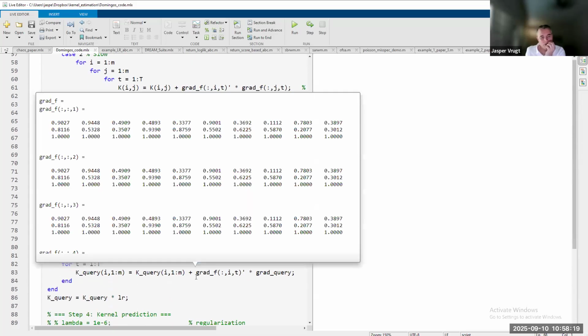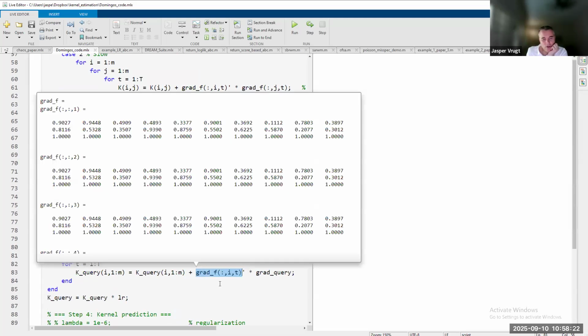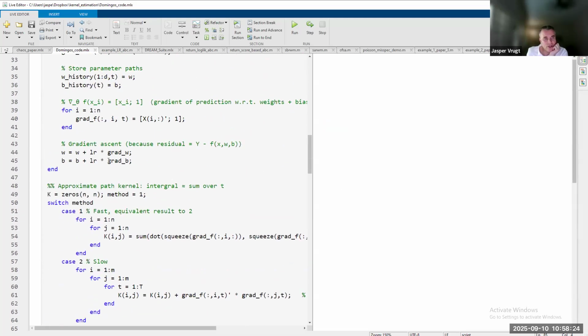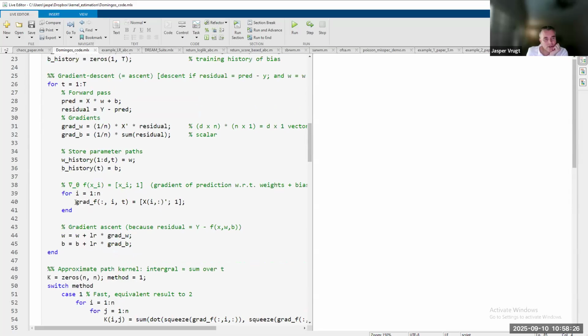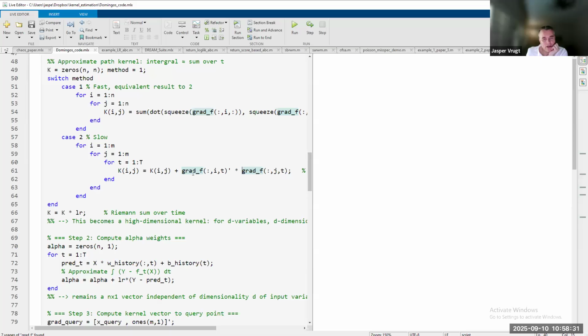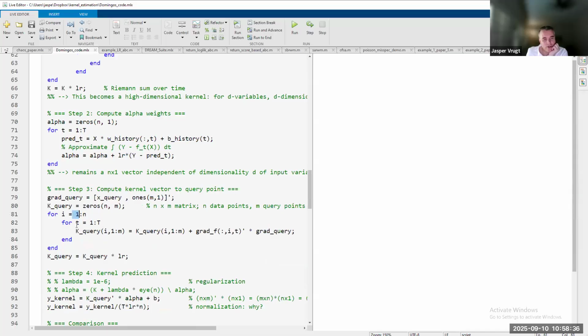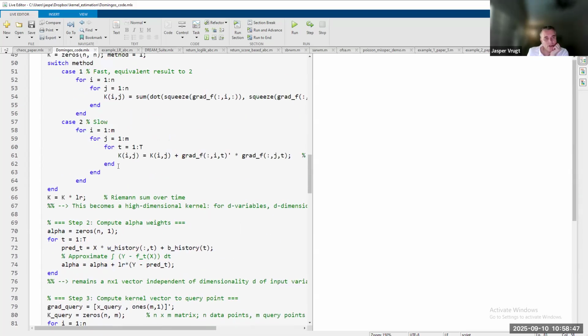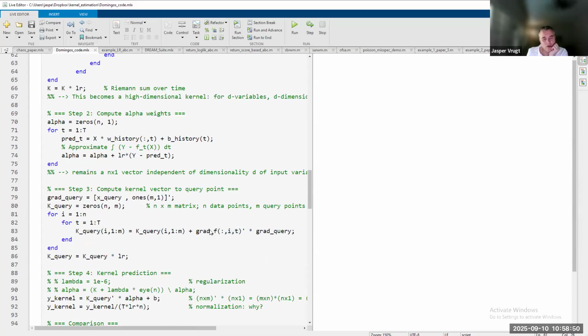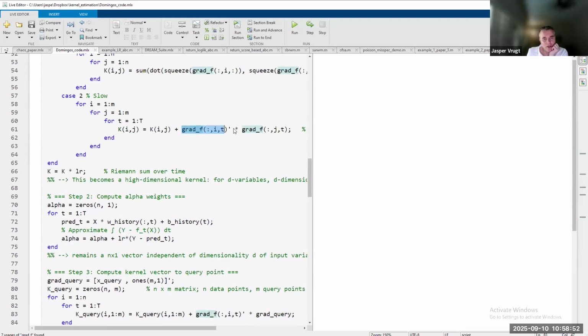Yeah, so you use the gradient of the network output, the trajectory, which is stored here. That's a good question. I can look into it further, but at this point this K value is actually not directly used. It uses this component in prediction.